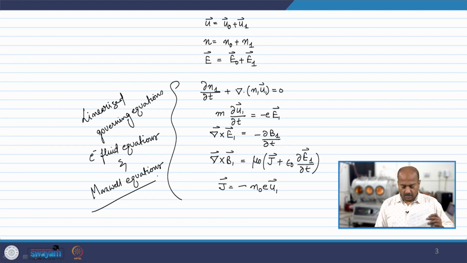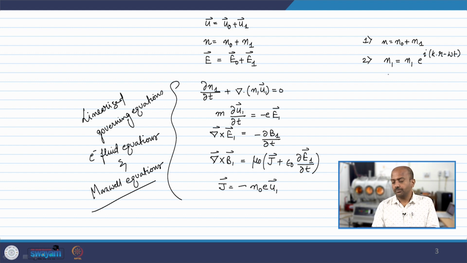Now, what is the second step? The first step being writing the perturbed part, the second step being taking a solution in the sinusoidal form e to the power of i k dot r minus omega t.